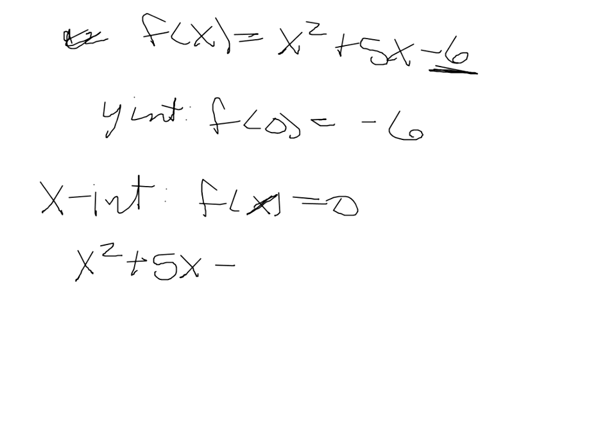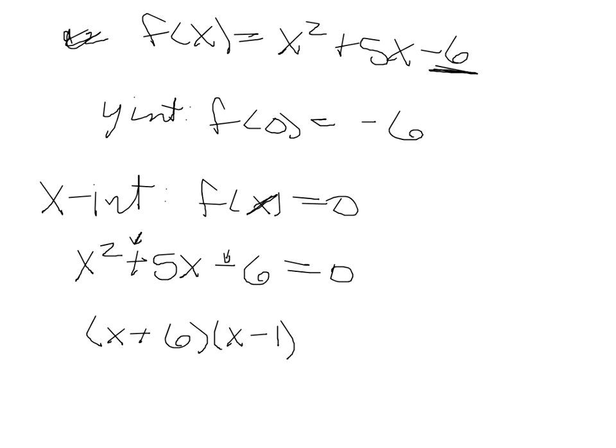So f of x is x squared plus 5x minus 6. Now this one factors into x, and the sign right there tells me that the two signs are different, and this tells me that the larger one is positive. So this is going to factor into x plus 6, x minus 1.